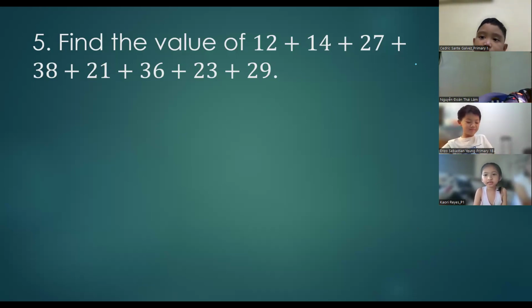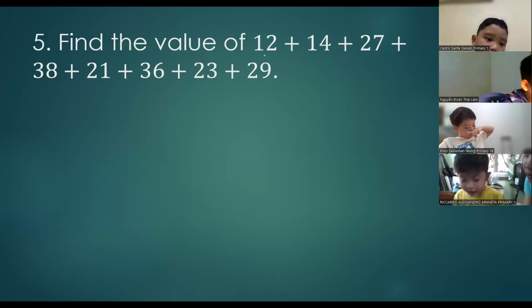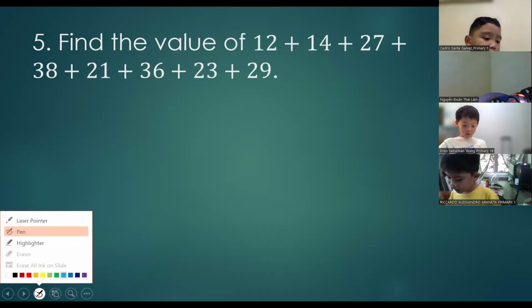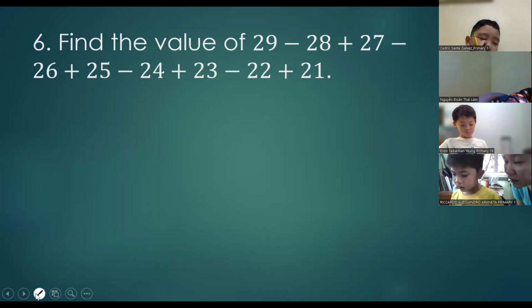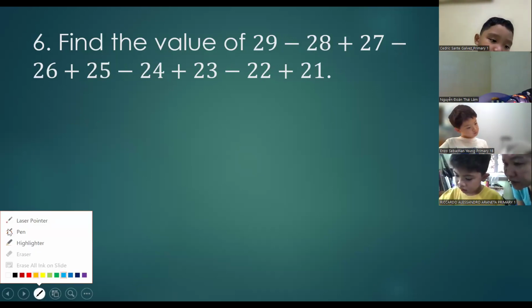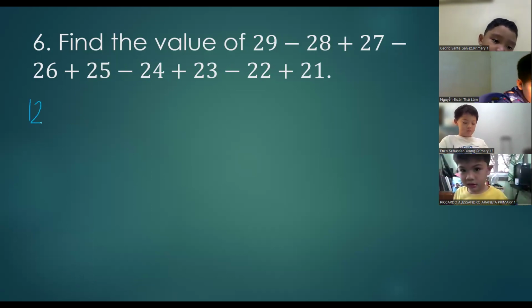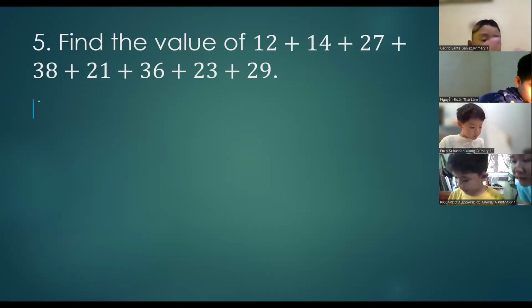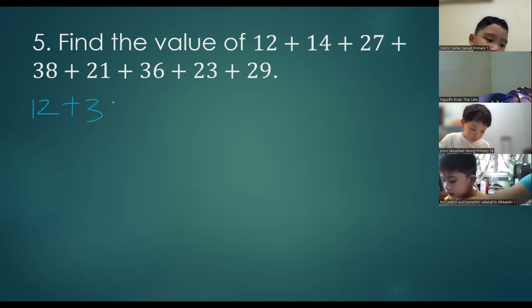Okay, can you solve on the screen? 12 plus 38 equals 50. 14 plus 36 equals 50. Plus 27 equals 50. Oh, no. Okay, here it is. And then? 29 plus 21 equals 50. Very good.